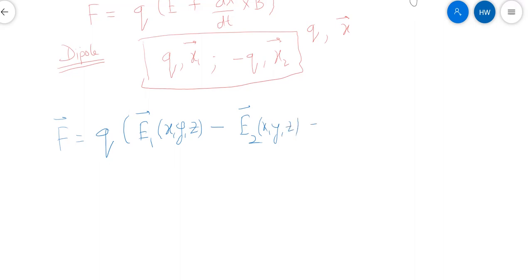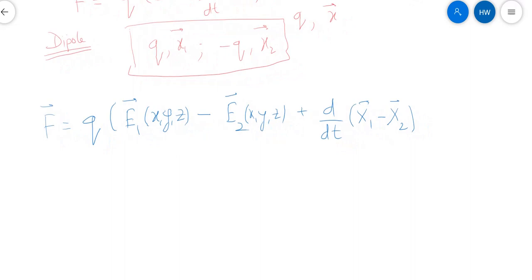Then you have, of course, the change in the locations, which is x1 minus x2, because the negative signs are all coming because of the negative charge which is there, and I have to cross it with the B field. Right, this is my total force.